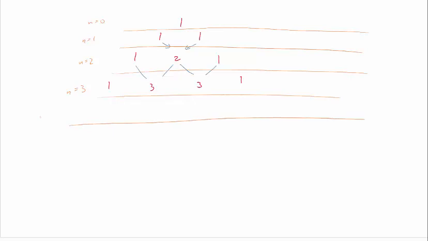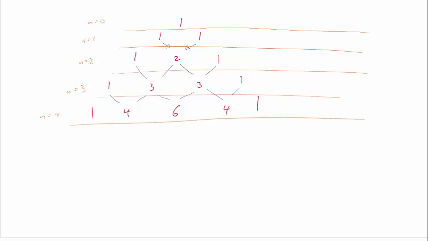And now we're at n equals 4. Again, just put another 1 on the outside. Everything above goes down. And so we've got 1 plus 3, 3 plus 3, 3 plus 1.